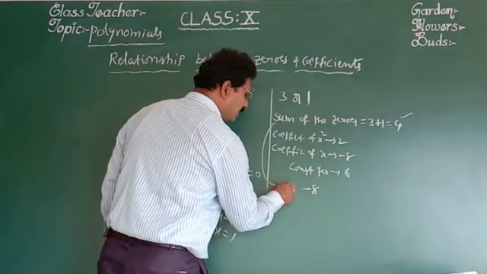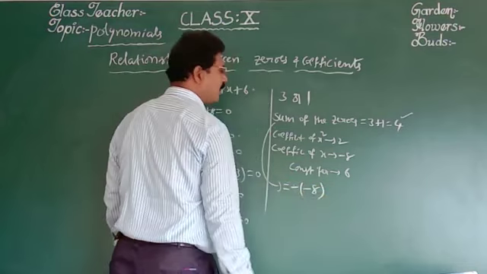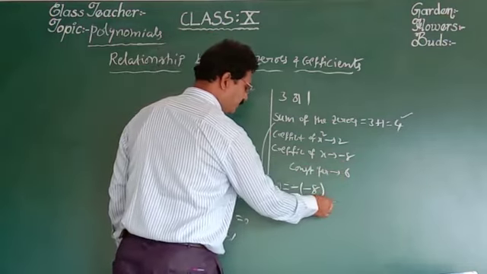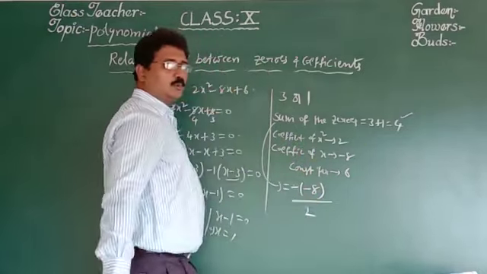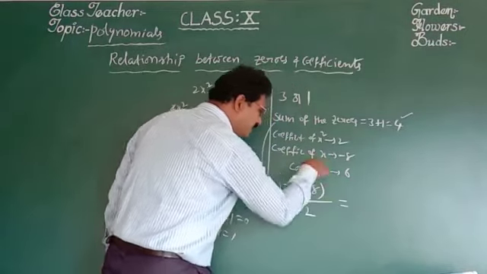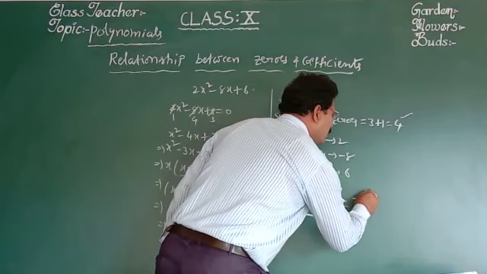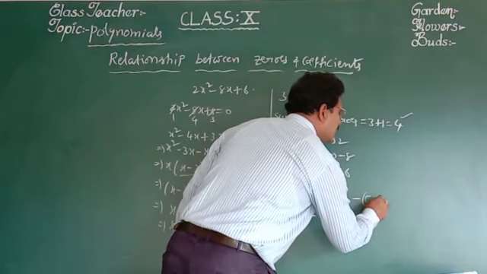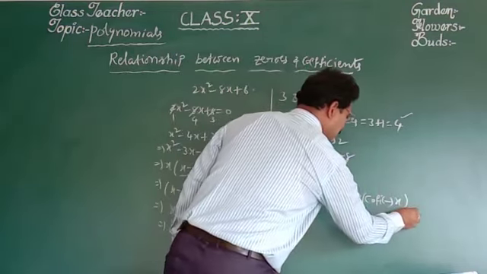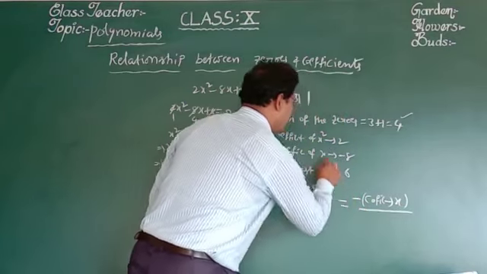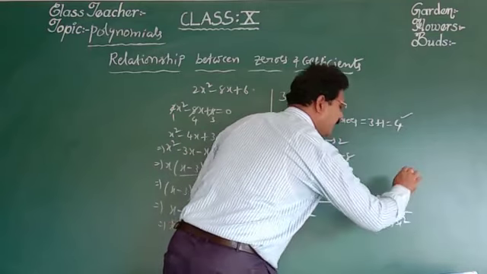Suppose we write it as minus coefficient of x, whole divided by coefficient of x square.